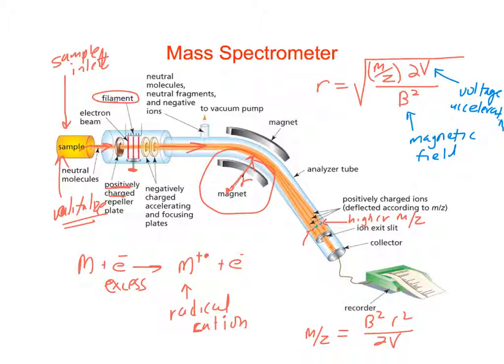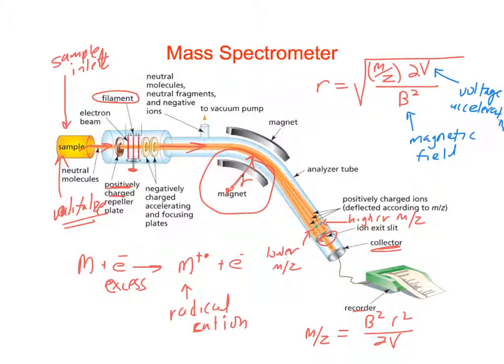The one that's curving more would be a lower mass to charge. And so we just have to vary the magnetic field, or we could vary the voltage at the accelerator plates, so essentially vary the speed at which the ions are going down this tube, to be able to measure all of those ions. Okay? So once they go through that slit, then they're detected and they give us some kind of a printout.